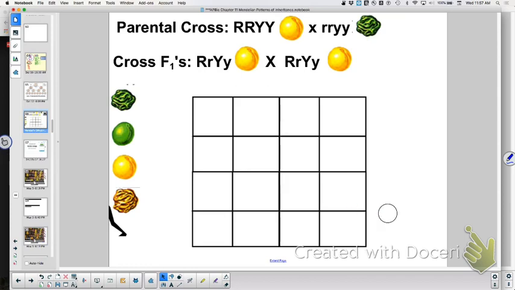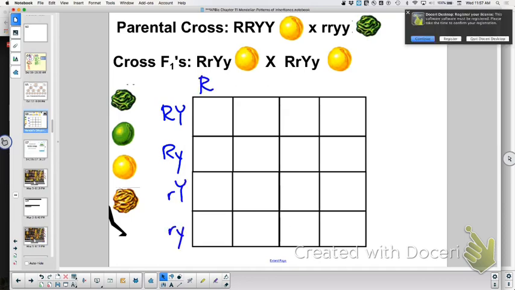Okay, so tell me the gametes one more time so I have them. Big R, big Y; big R, little y. Are we okay so far? If this sperm fertilizes this egg, what is the genotype? Be more specific.